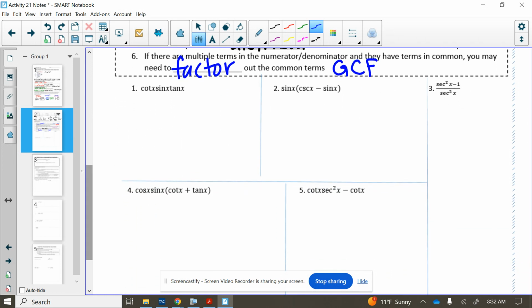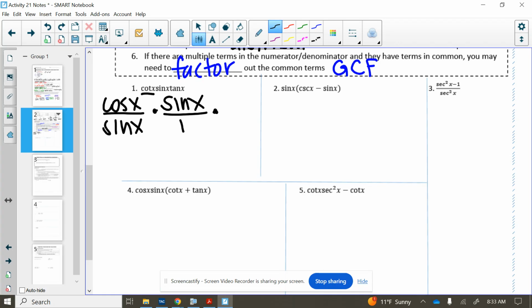So we have a couple examples here. This first one, we have cotangent of x times sine of x times tangent of x. We want to see what this simplifies to be. So cotangent can be rewritten as cosine over sine. Sine is also already itself, so we're just going to leave that in the top of the fraction. It's officially over 1.